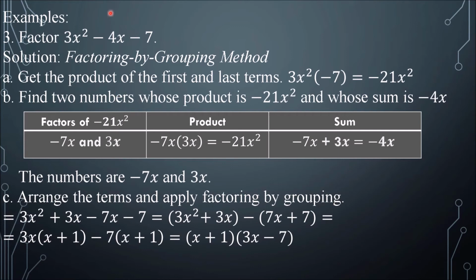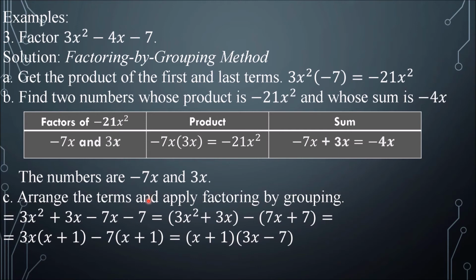So we have the original one, 3x squared minus 4x minus 7, is equal to 3x squared plus 3x minus 7x minus 7. Now, why do we use 3x first before 7x?